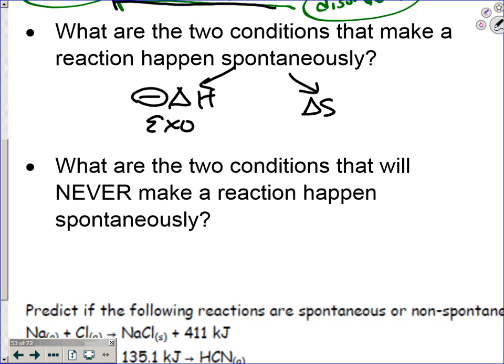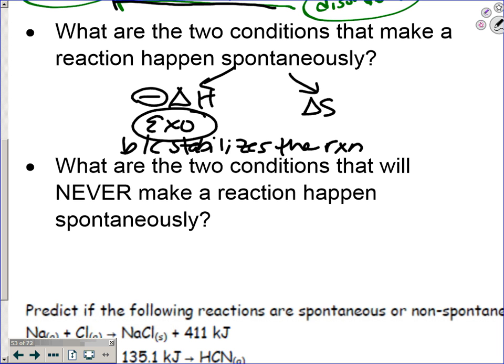I favor an exothermic process because it stabilizes the reaction over time. Because if you're high on caffeine and high on sugar and just pent up with energy, you're not really stable. A reaction's the same way. We want to bring it down to its chill, low energy state. We do that by releasing this extra heat energy because it brings it down to a more stable state. So exothermic is a favorable condition.